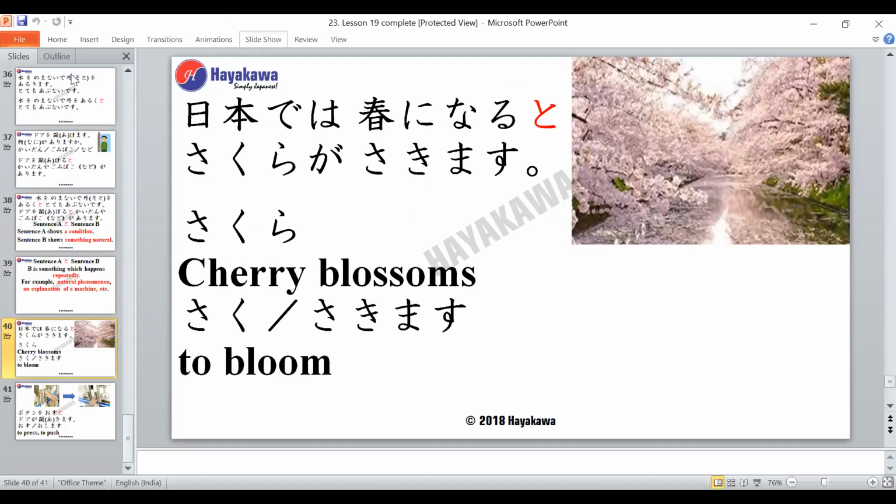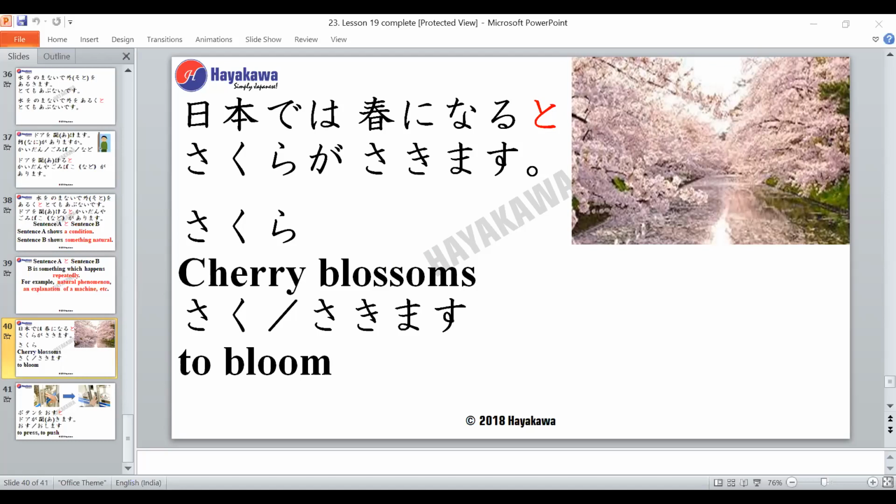So for example, you have cherry blossoms, which in Japanese is sakura. And the verb to bloom is saku or sakimasu. So the sentence is Nihon de wa haru ni naru to sakura ga sakimasu.